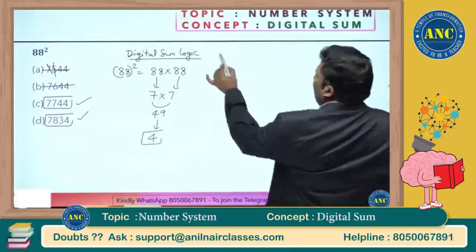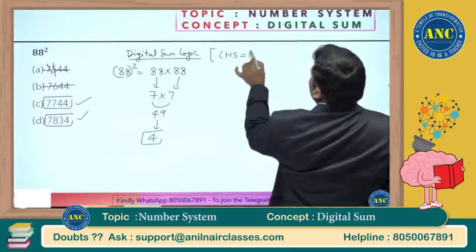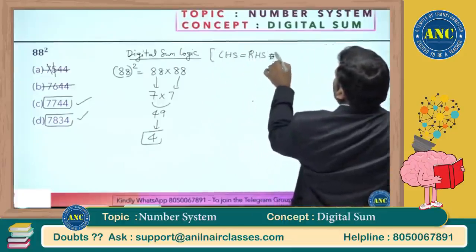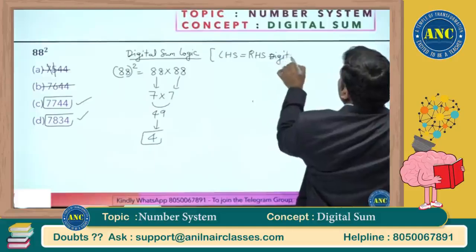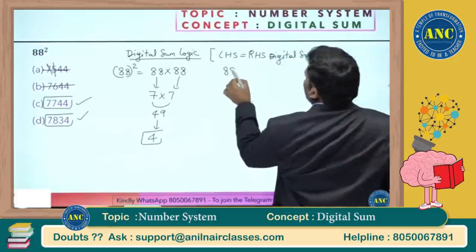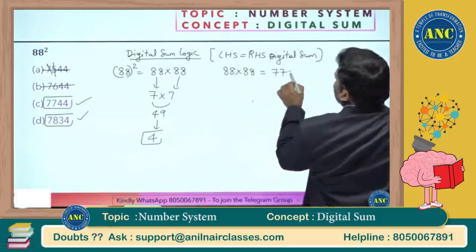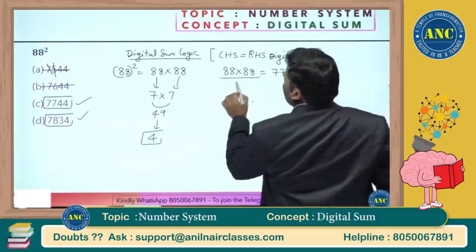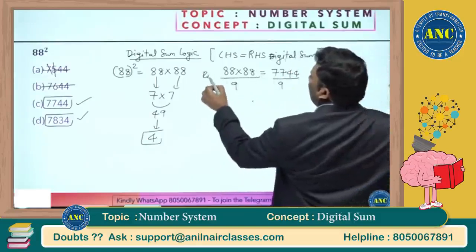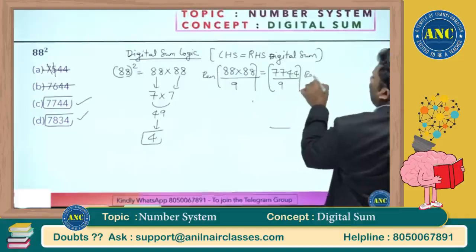Left hand side digital sum should match with right hand side digital sum. Sir, why should it match? It should match because 88 into 88 is equivalent to, suppose I keep 7744, both the sides I am dividing by 9 and then applying remainder on both the sides.